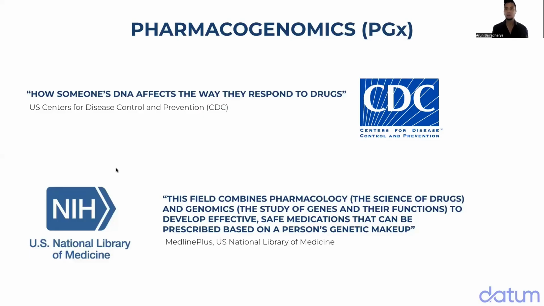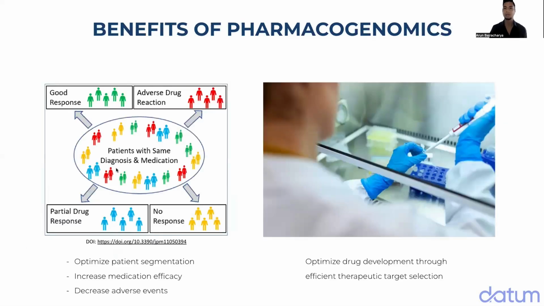Pharmacogenomics is at the forefront of personalized medicine. It focuses on understanding how a person's genetic makeup influences their responses to medications. The goal is to ensure that patients receive the right drug at the right dose, minimizing adverse reactions and optimizing therapeutic outcomes. This is very important as genetic differences can cause patients to metabolize drugs differently, potentially leading to harmful side effects.